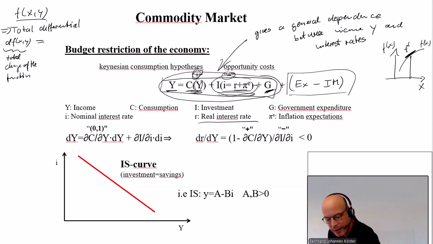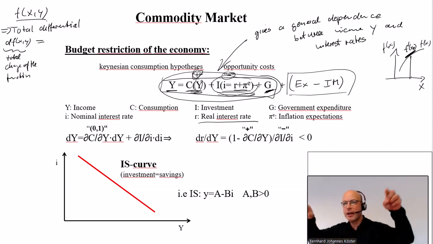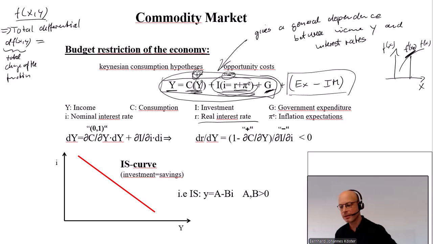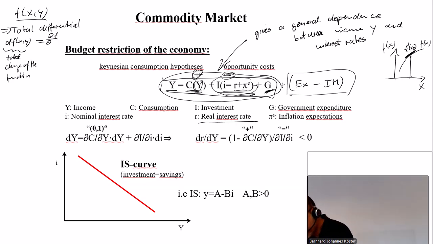So this is f prime of x0. So if we have now a multidimensional or a two-dimensional function, what does this mean? Then we have, so to speak, two tangents. We go in two directions simultaneously. So this is then the derivative with respect to the first.